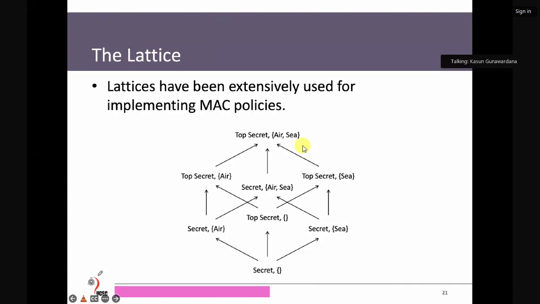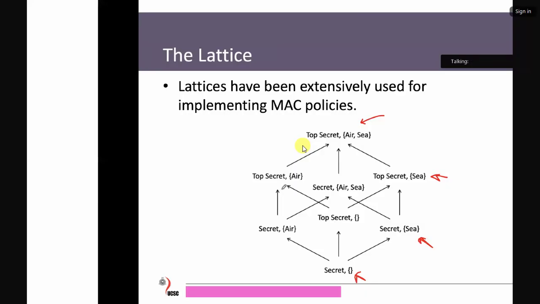In such a lattice, each point, or each node here you see, represents a particular security classification or clearance level.